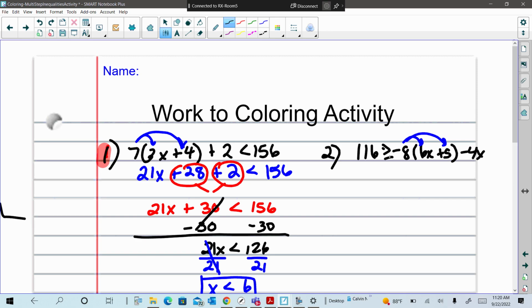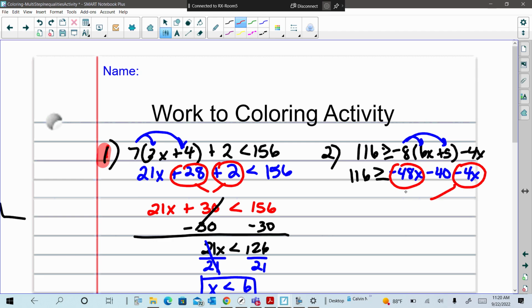Write the next step. So that would keep your 116 greater than or equal to. We should now have -48x minus 40 minus 4x. Now you need to combine like terms, the -48x and the -4x.